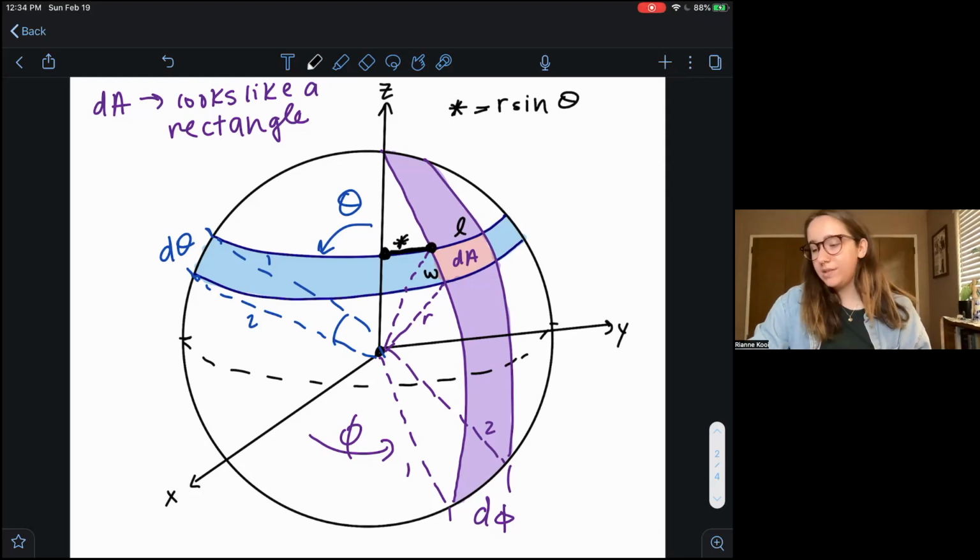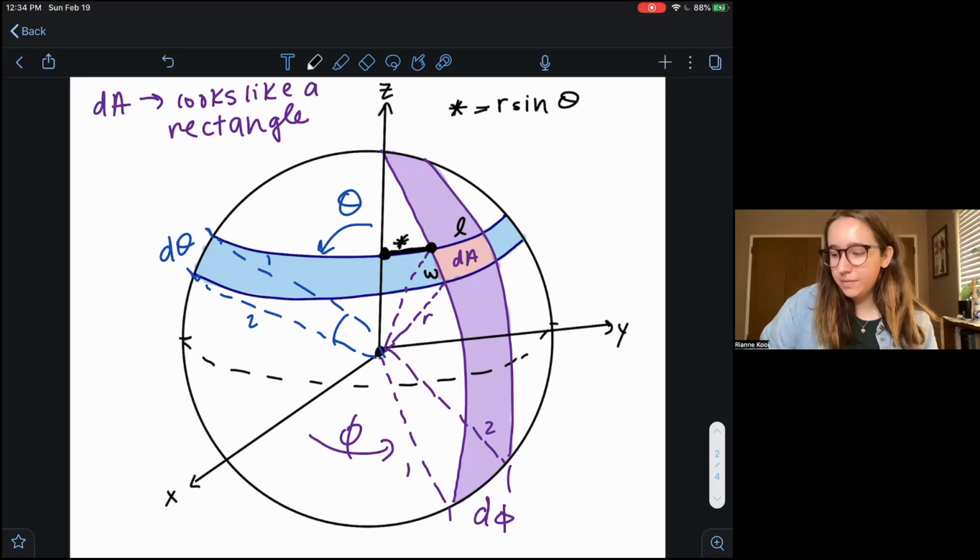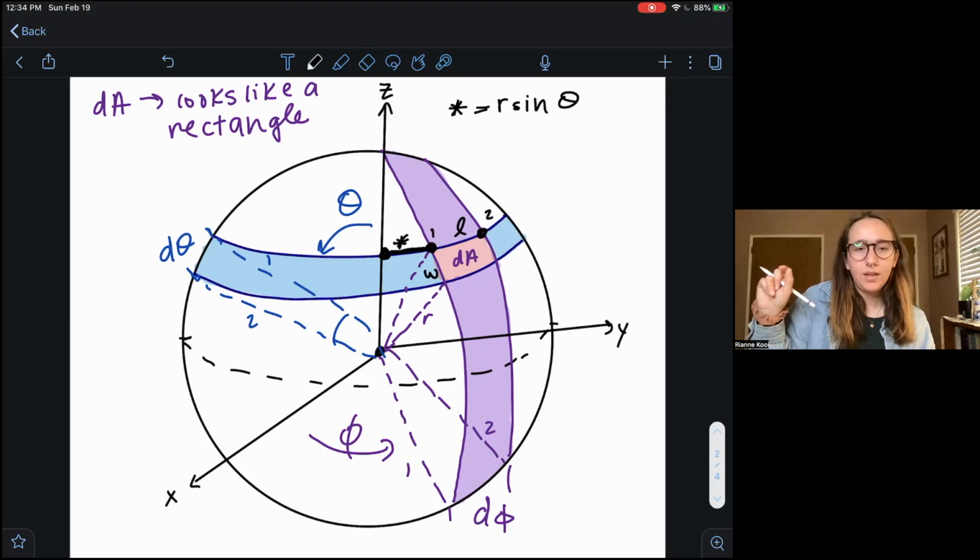So we know that this distance is r sine theta, and we know that the change from here at 1 to this change 2 is d phi, because we labeled it down here with the purple. So from 1 to 2, we have the length, which is where we start at, which is r sine theta, because our r is constant and sine theta is constant at this point.